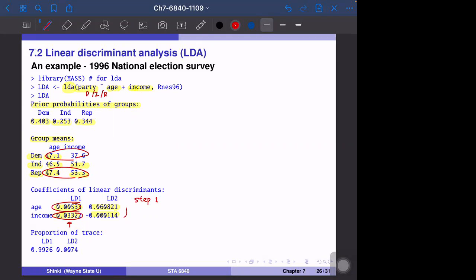So maybe age and income have similar impacts overall if we exclude the Independent, so the first component has both positive coefficients. That makes sense. But there is some irregularity, for example, the Independent is younger but has more income. So the second component is actually positive and negative.